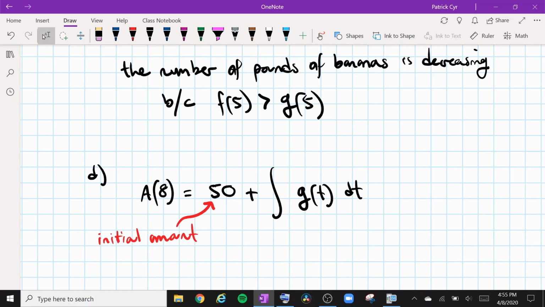And the time of this integral is going to be from 3 to 8, because the employees don't start adding the bananas until t equals 3. And so this is the total amount added.